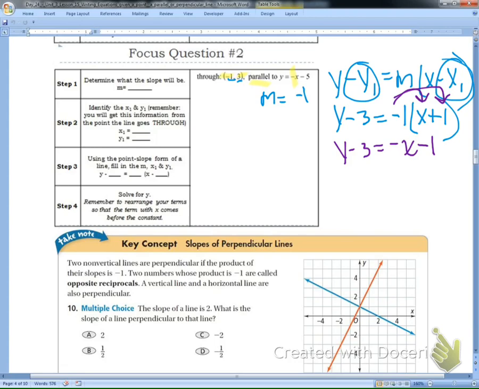Remember that when you're using that distributive property, you are multiplying, not combining. We're still trying to get y all by itself, so we have to add 3 to both sides so that will cancel out, and y is equal to negative x plus 2.